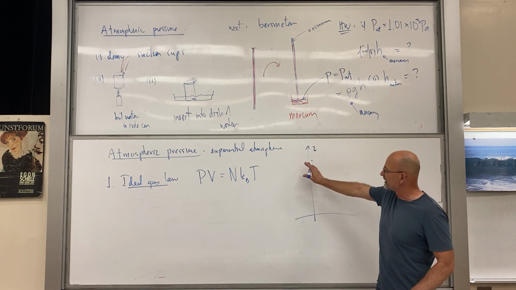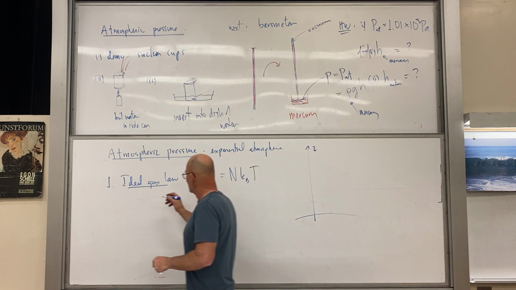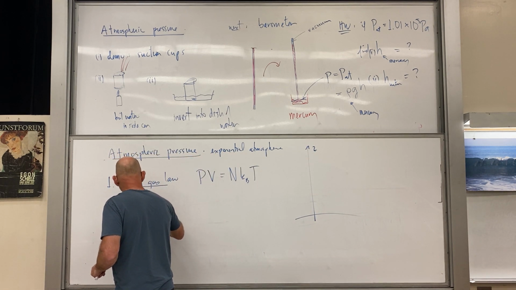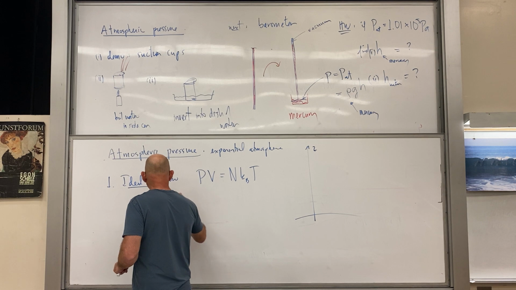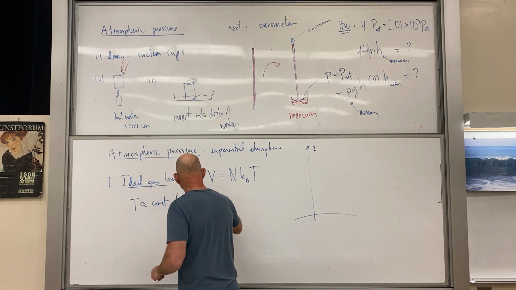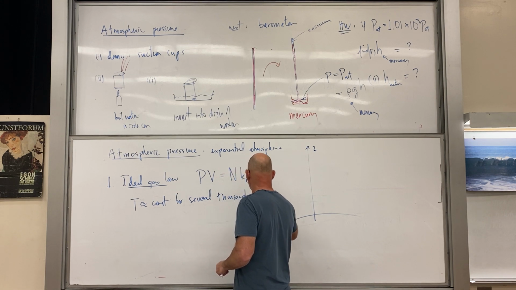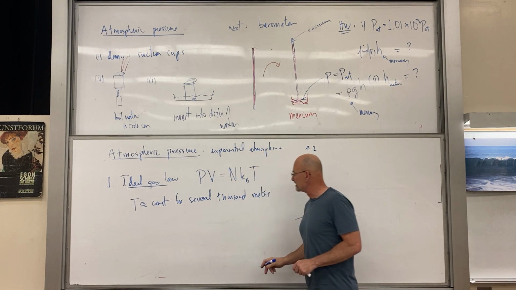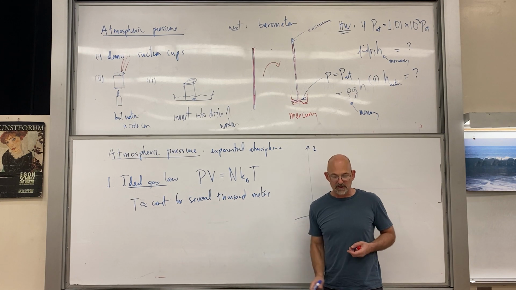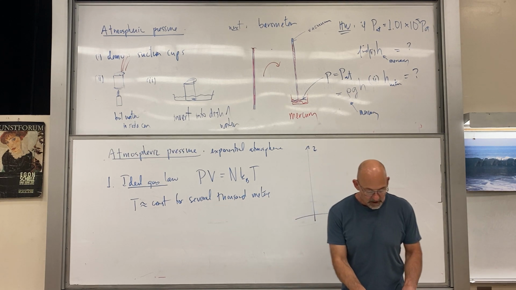Okay, so that's the justification. All right, T is a constant for several thousand meters. Namely, delta T over 300 is fairly small.